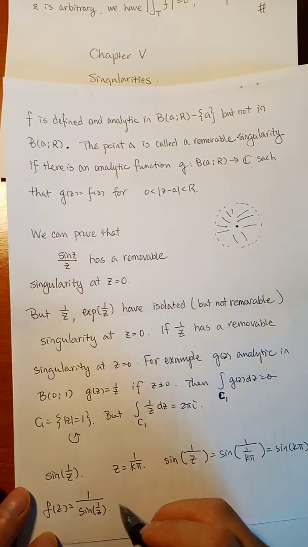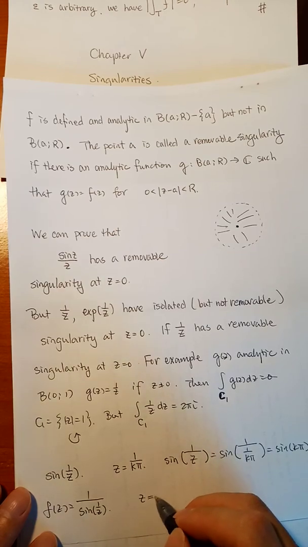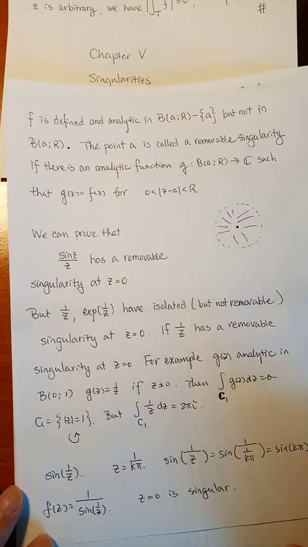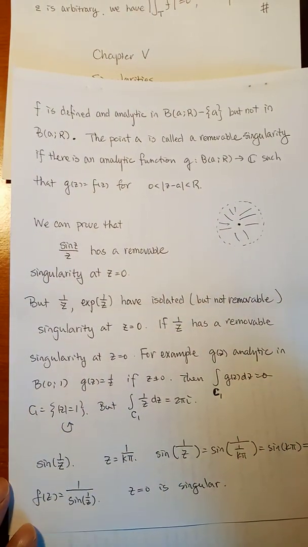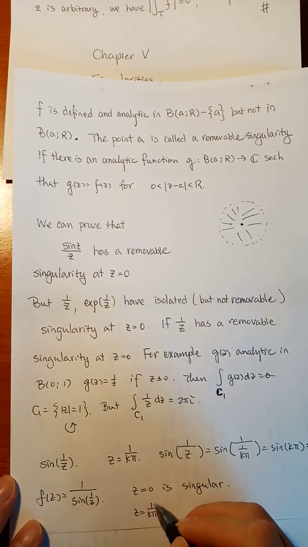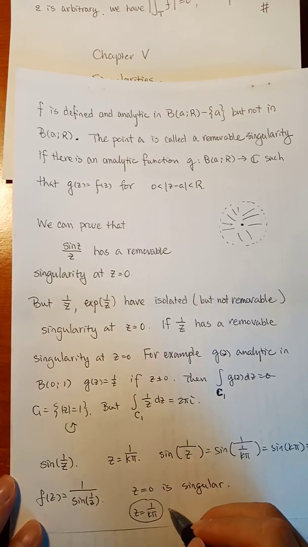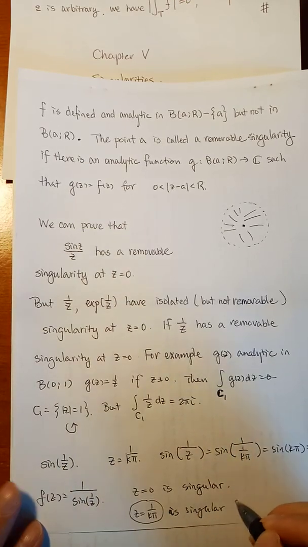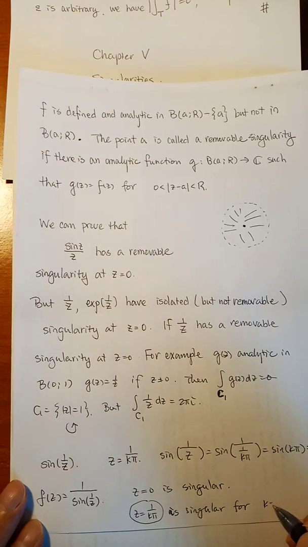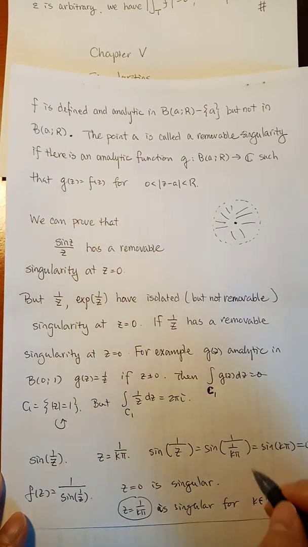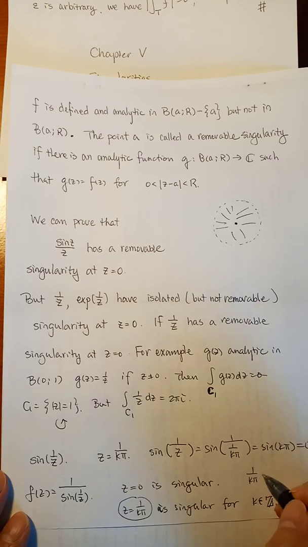Then this means first that z equal to 0 is singular. It's undefined at z equal to 0. And second, all these numbers 1 over k pi are singular for k belonging to the integers, and they converge to z0.